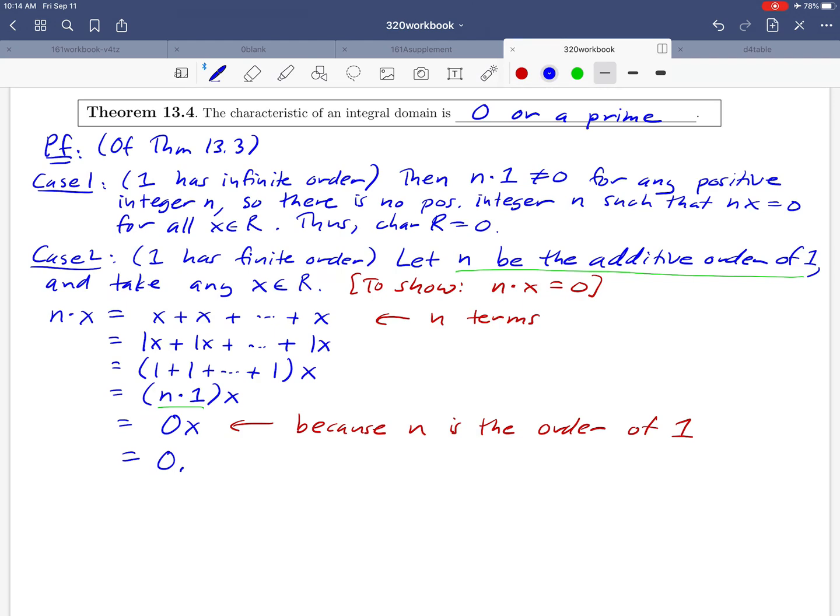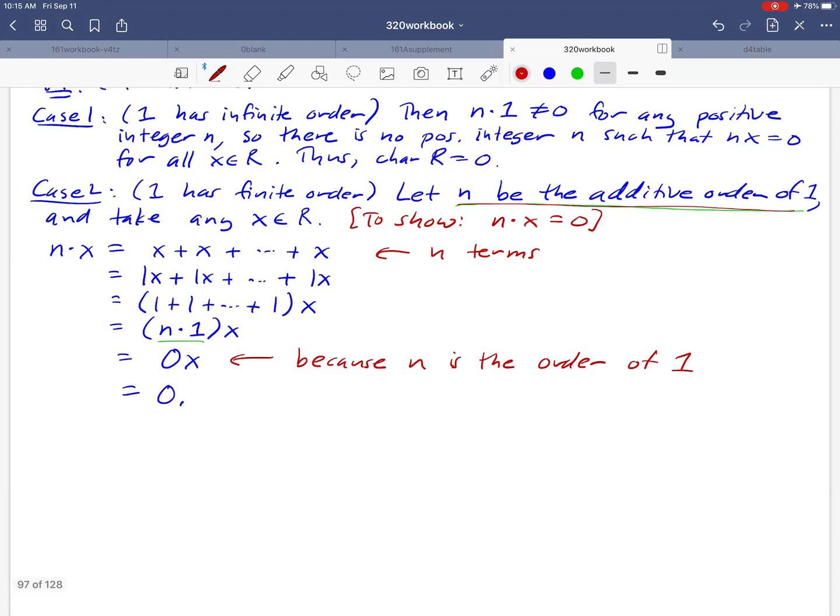Does that show that the characteristic of the ring is n? It does, provided that n is the smallest number for which we can do that. And we started out with the assumption that n is the order of 1, which means that n is the smallest number that works for 1. And since it's the smallest number that works for 1, that's got to be the smallest number that works for all of the things in our ring.